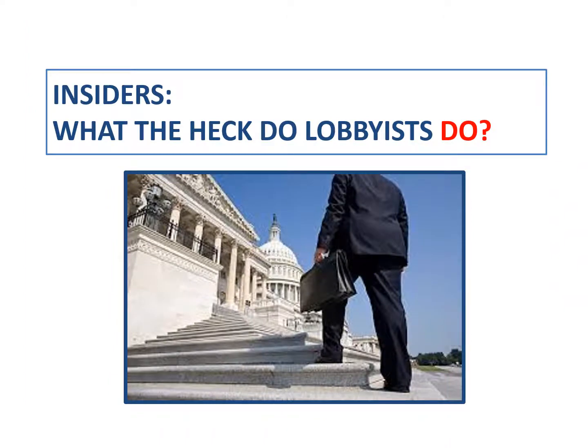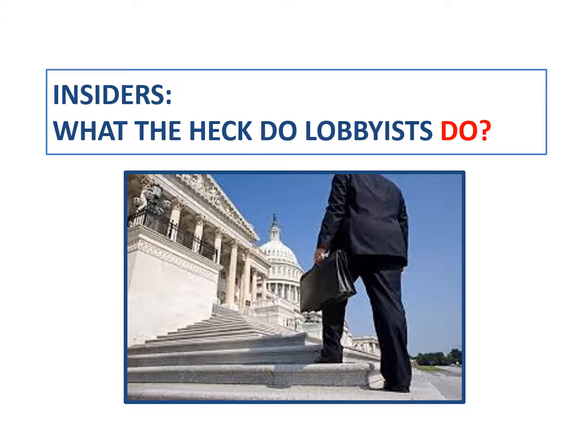And I use this classic picture of the person with the suit and the briefcase walking up the white marble steps, mostly because I think that's our typical understanding of a lobbyist. And certainly that is absolutely what people hired to work on behalf of interest groups do.